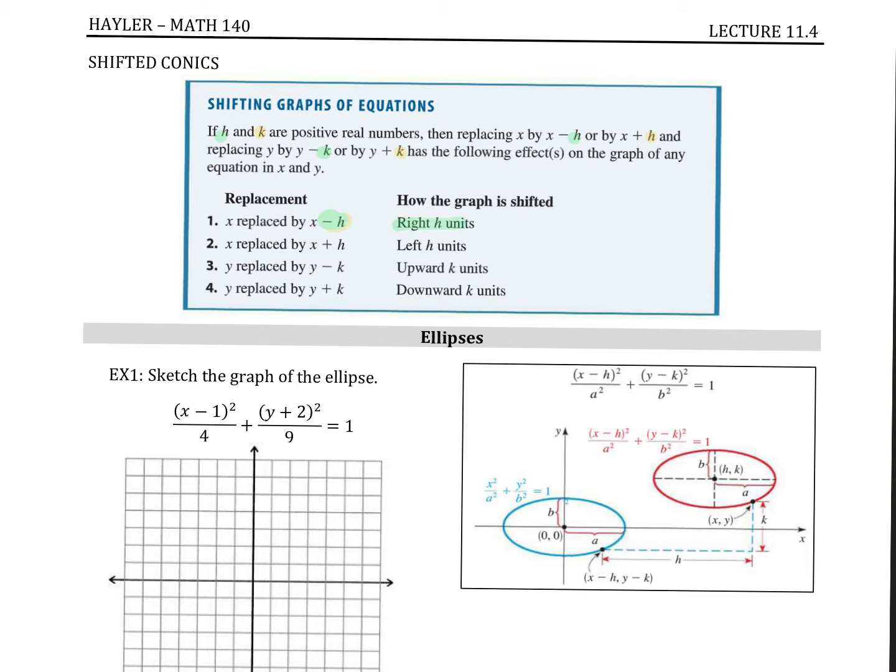If x is replaced by x plus h, then we move left h units. If we subtract k from y, we go up k units, and if we add k to y, we go downward k units.